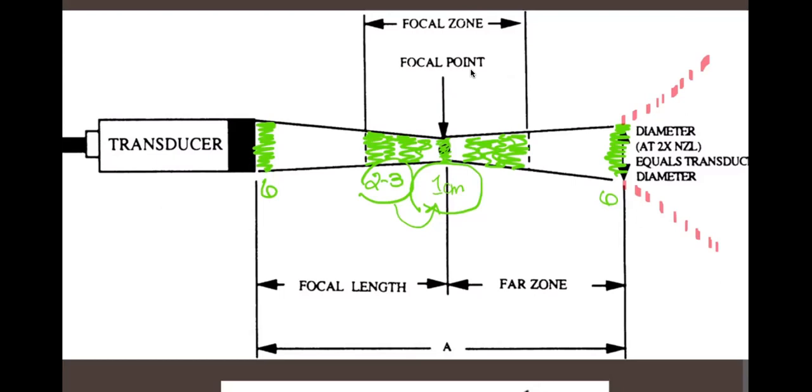So he's not going to say PZT. When he's talking about the size of the PZT, he's going to use the word aperture. So don't let that word scare you. Aperture is the size of the PZT. Like, is it a big PZT or is it a small PZT?